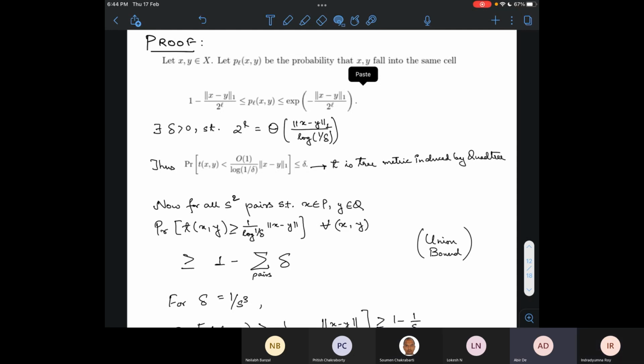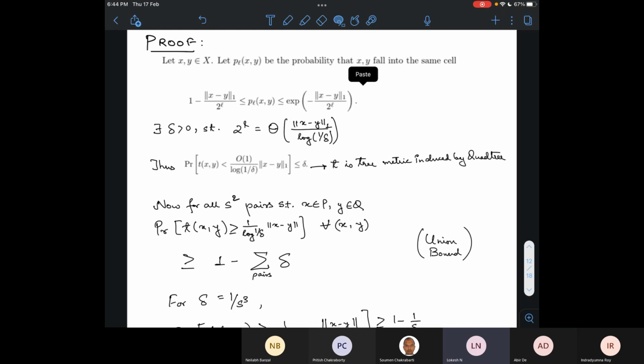I was trying to find something using a concentration inequality, but it doesn't seem so. I also don't find it. How many dimensions? Any d-dimensional space, they don't mention the dimension here. So this x minus y in L1 is basically the absolute value of x_d minus y_d in each dimension, right? Yes, exactly.